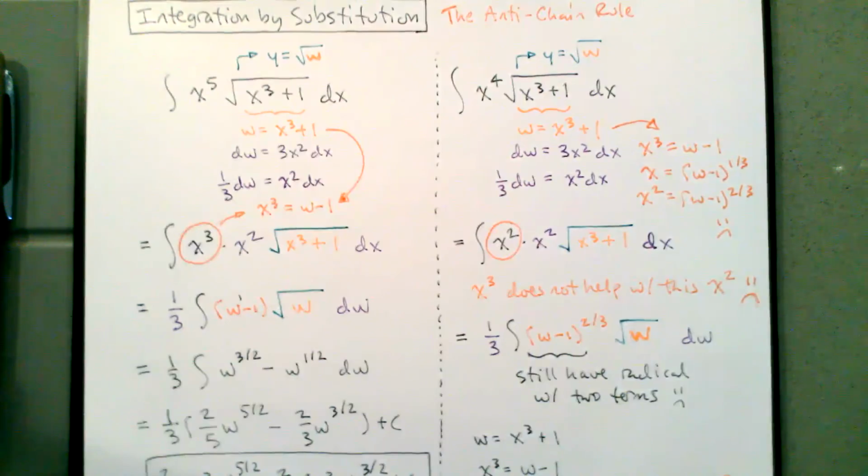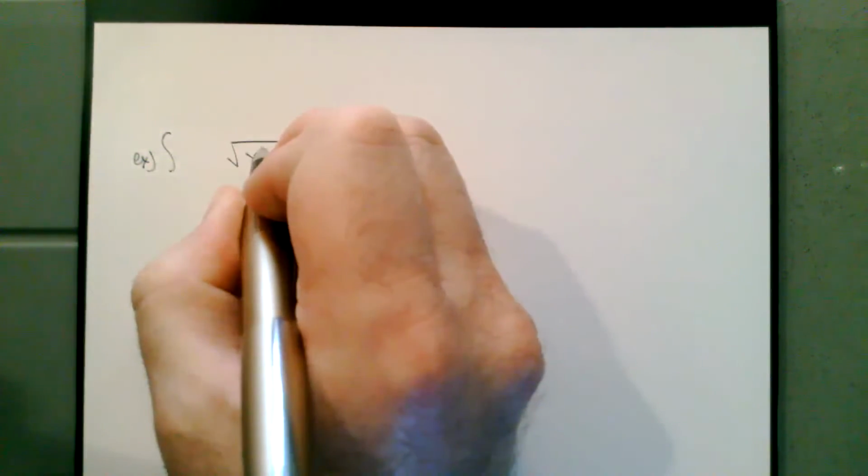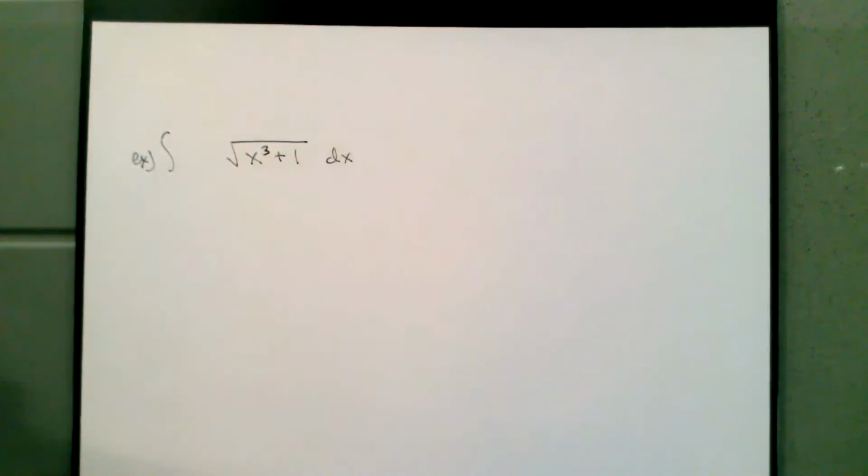So the baseline version of this problem with this x cubed plus 1: if I said I want them to integrate a square root, but it's not going to be a square root of x, it's going to be the square root of an x cubed plus 1. So if I want you to use substitution, I have to think, if I want them to make the inside x cubed, then I need the dw, which is going to be 3x squared. So I have to put at least an x squared out here.